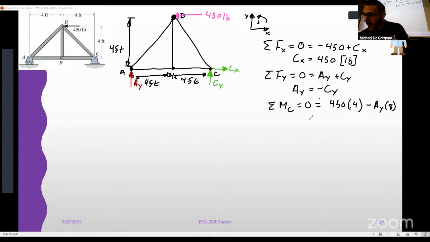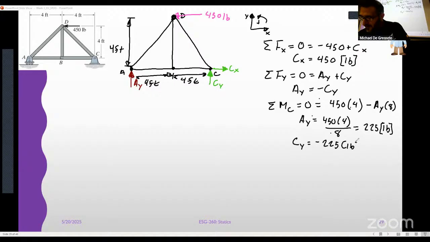So we can solve for AY, right? 450 times 4 divided by 8, or 450 times 1/2. 225 pounds, which means that CY is a negative 225 pounds.